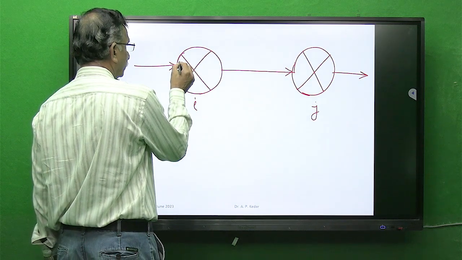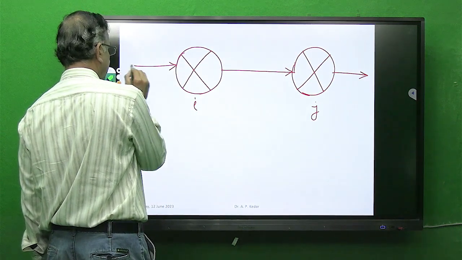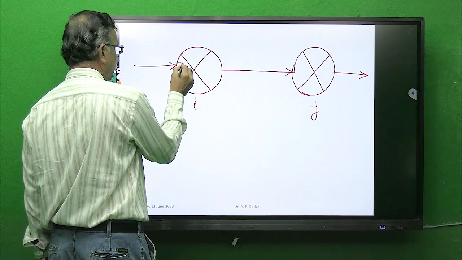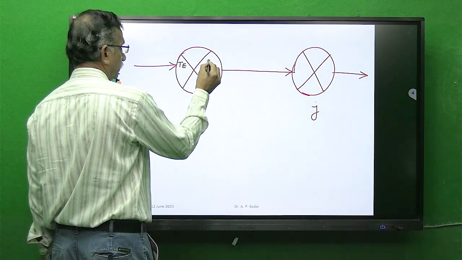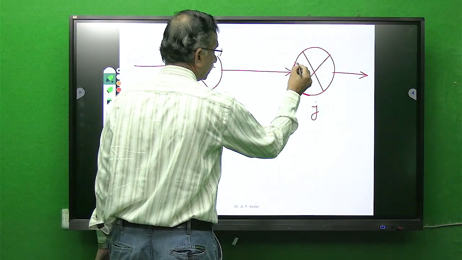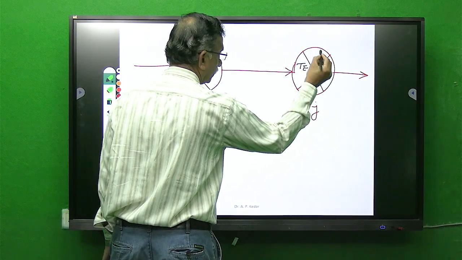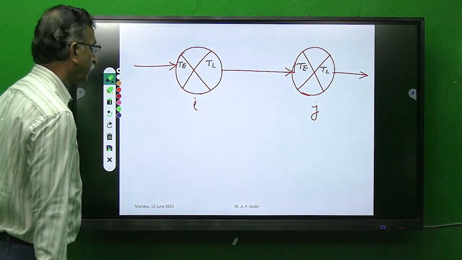Here we know the various values in this cell. These values are the TE value, these values are the TL value, again this is the TE value, these are the TL value, that we know.